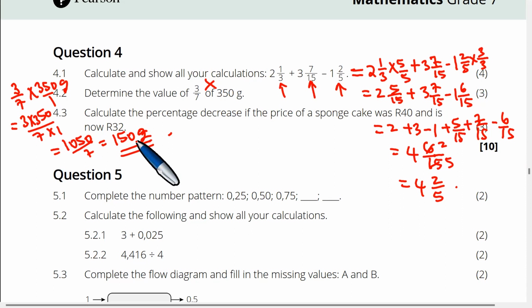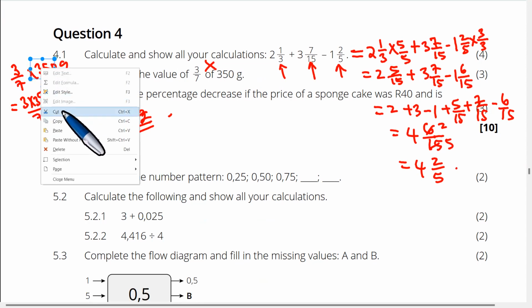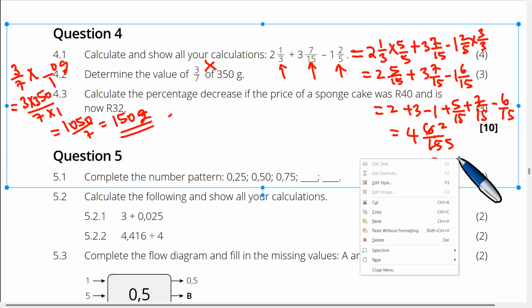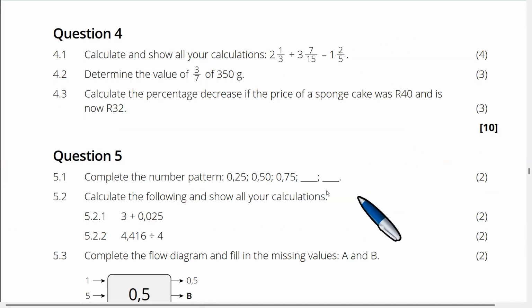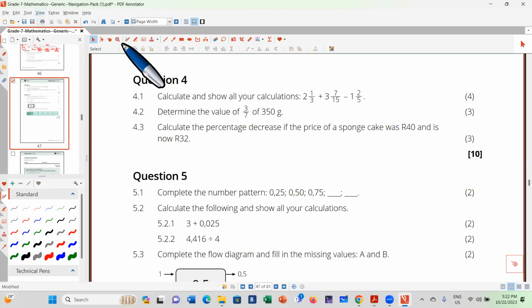4.3, calculate the percentage decrease if the price of a sponge cake was 40 Rand and is now 32 Rand. What do you think the answer is? Are you able to see the question? Please let me know if you can't see the question. Not clearly. No. Okay, let me just clean up.